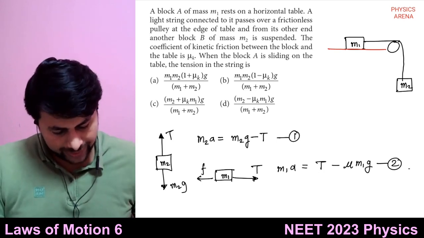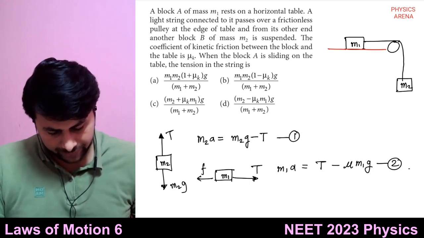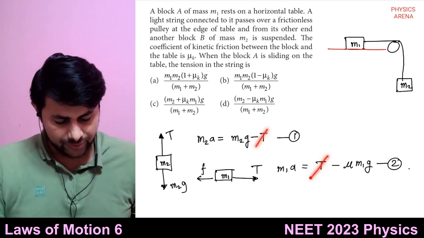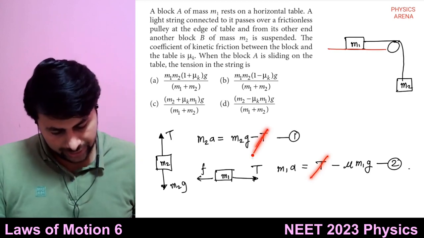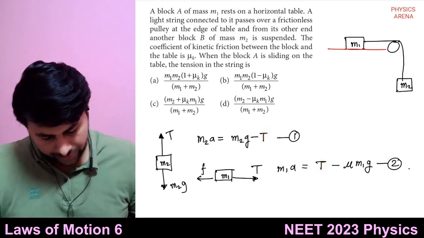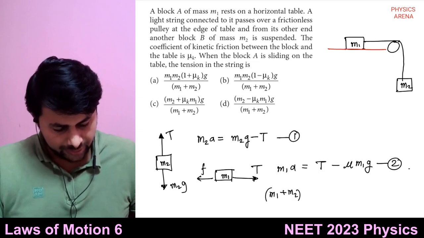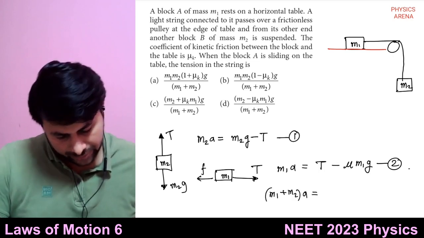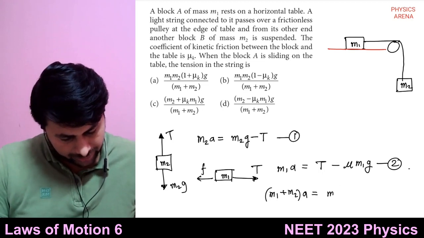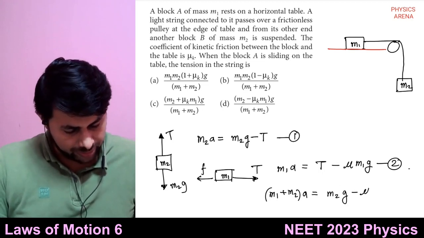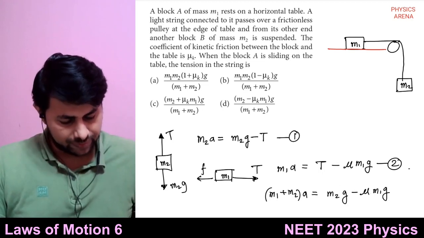So if we add these two, what do we get? Tension gets cancelled out, right? So we get m1 plus m2 times a on the left hand side. It's equal to what? M2 times g minus mu times m1 into g.